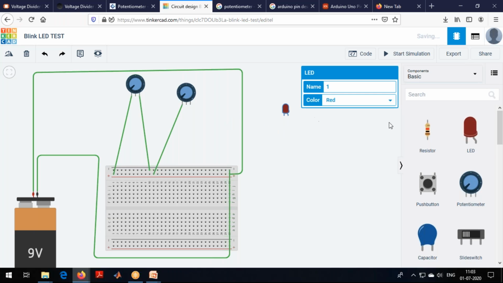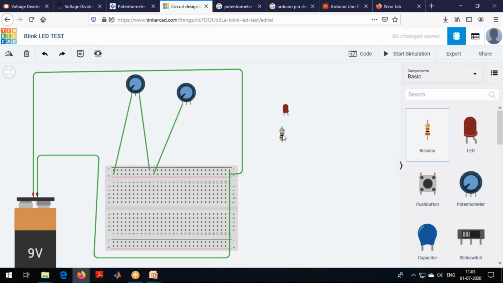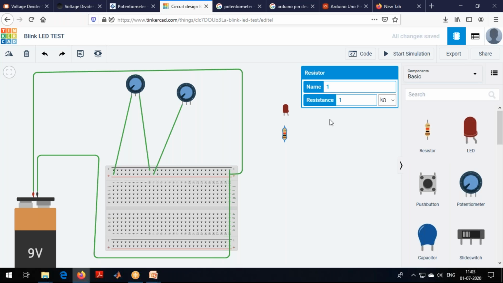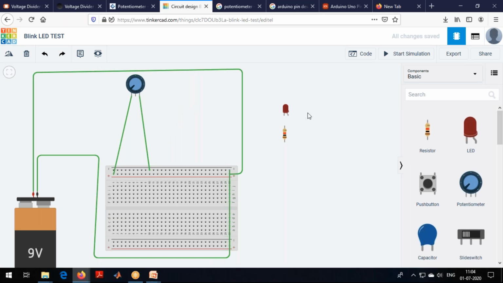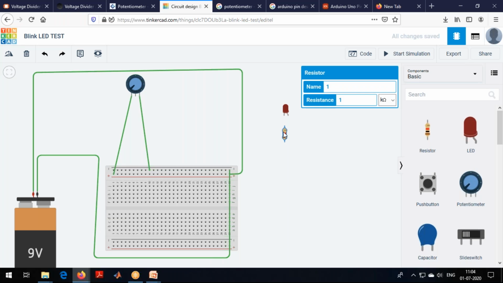I'll take an LED and a resistor. Here the resistance value I need is 9 minus 2, 7 by 20, that means 350. A 350 ohm resistor I need.